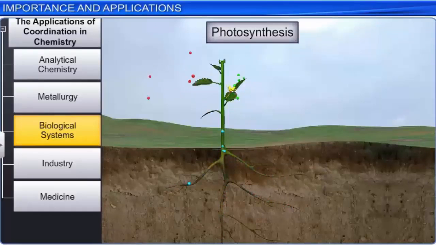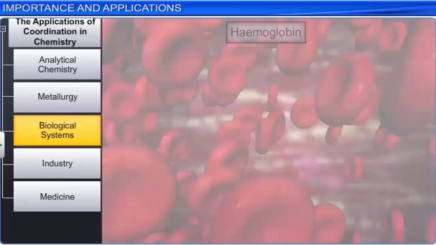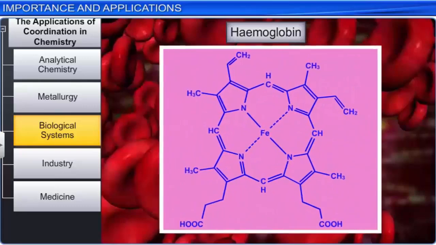For example, chlorophyll, the pigment responsible for photosynthesis, is a coordination compound of magnesium. Hemoglobin, the red pigment of blood that acts as the oxygen carrier, is a coordination compound of iron.